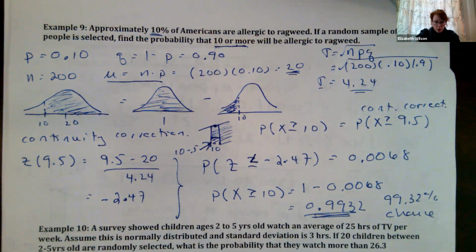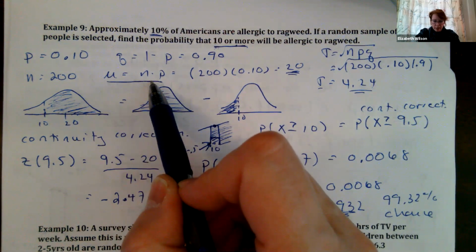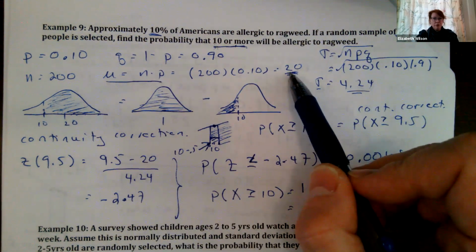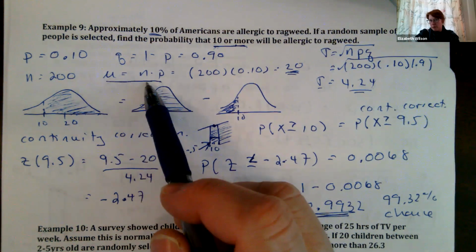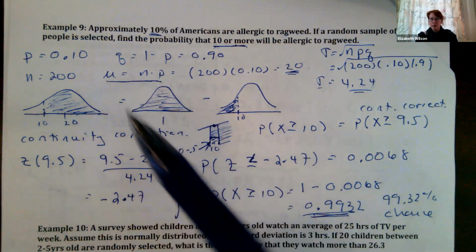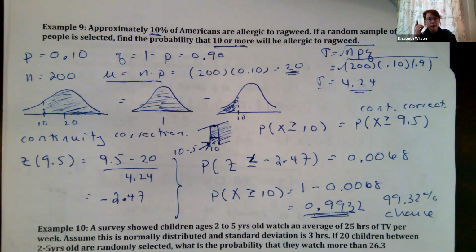So if you get a value greater than or equal to 5, just keep going. If the problem asks whether you can do this, then you'll need to show np and nq for real. Are you getting a value greater than or equal to 5? If you do, proceed. If not, stop and go back to the binomial distribution.